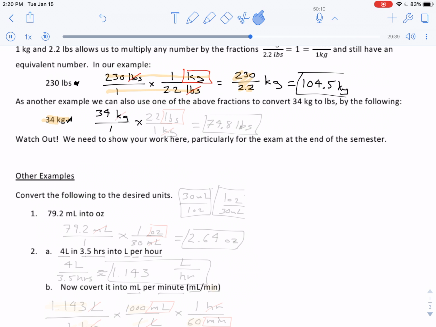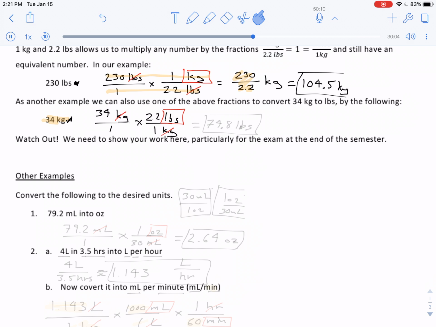So what I want to do is get rid of that. I'm going to put kilograms in the bottom so they will cancel, and pounds in the top, so that's 2.2 in the top, 1 kilogram in the bottom. Now we can see that my kilograms cancel and I'll be left with pounds.